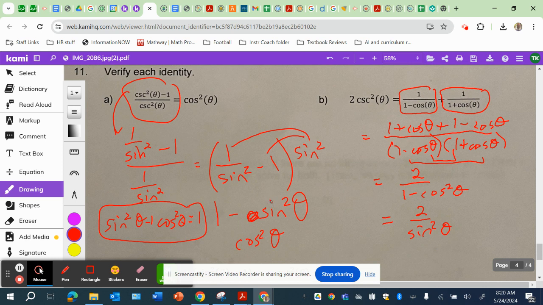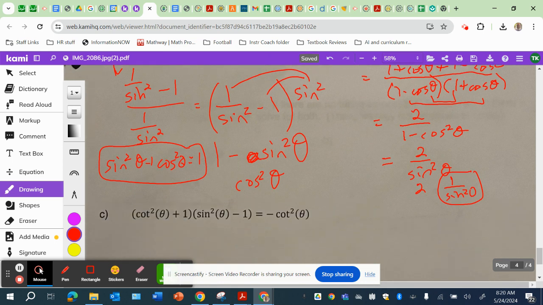And we know we got to get it to cosecant. Oh yeah, 1 over sine squared is equal to cosecant squared. So 2 cosecant squared theta.